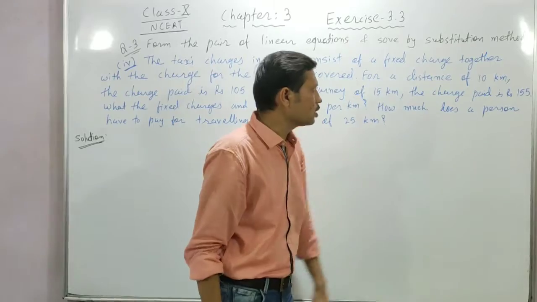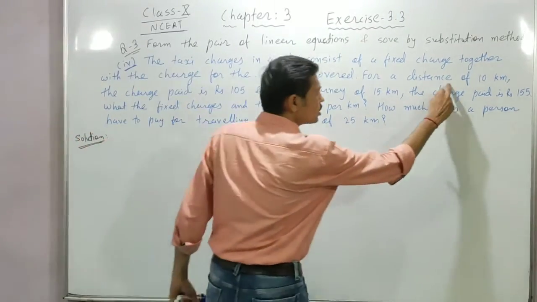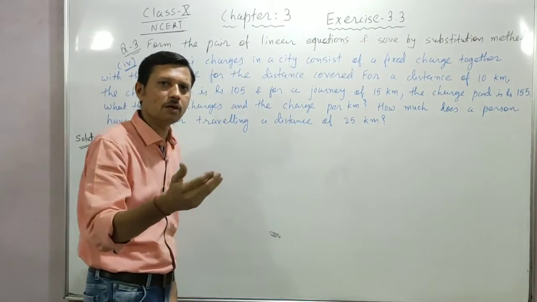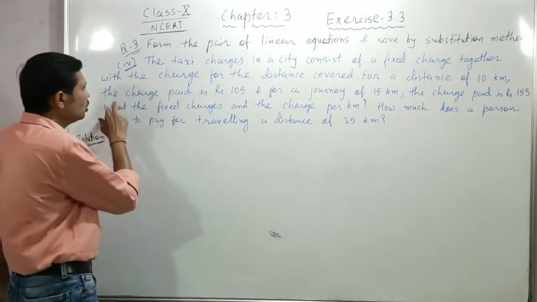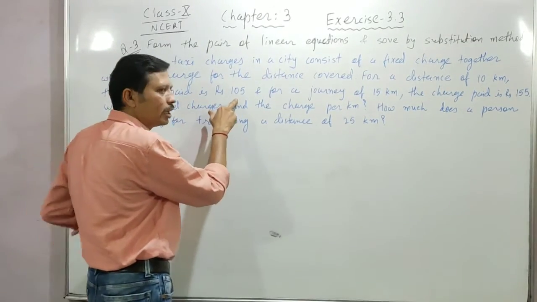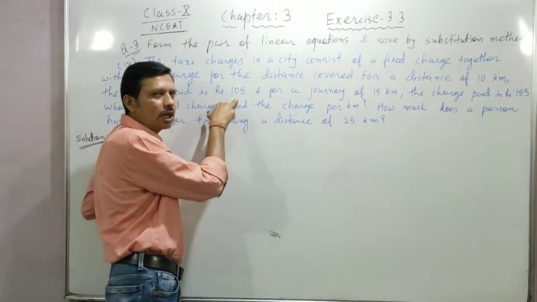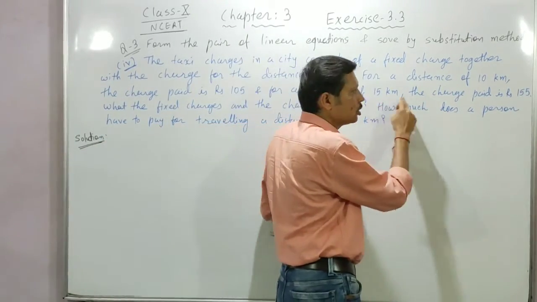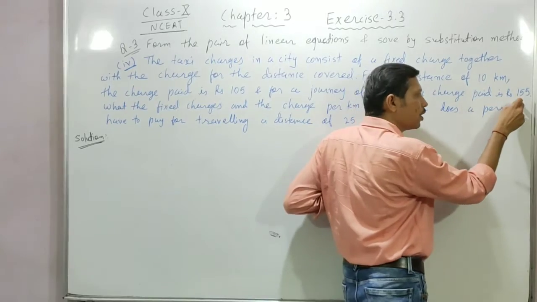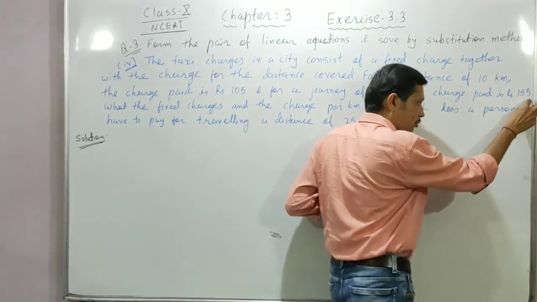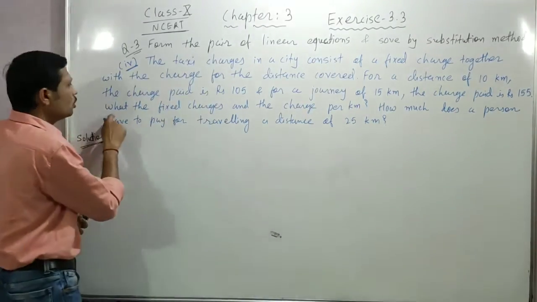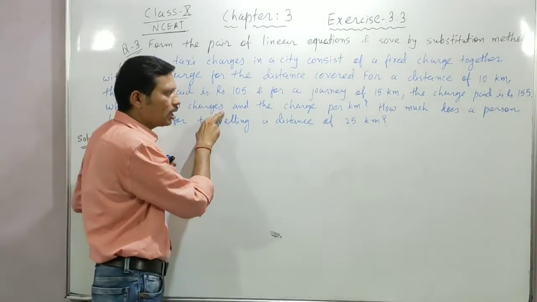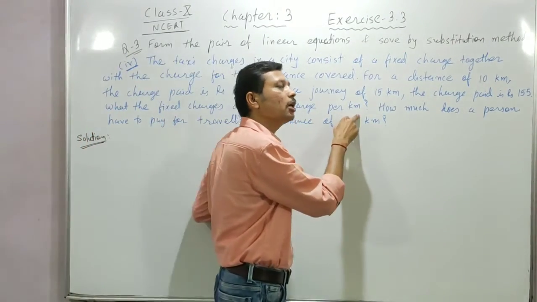For a distance of 10 km, the charge paid is rupees 105, including the fixed charge and the charge per kilometer. For a journey of 15 km, the charge paid will be rupees 155. So what is the fixed charge and the charge per kilometer?